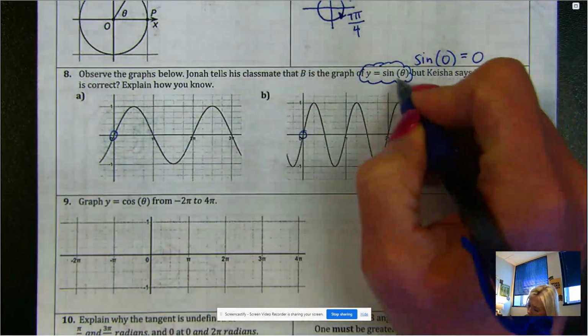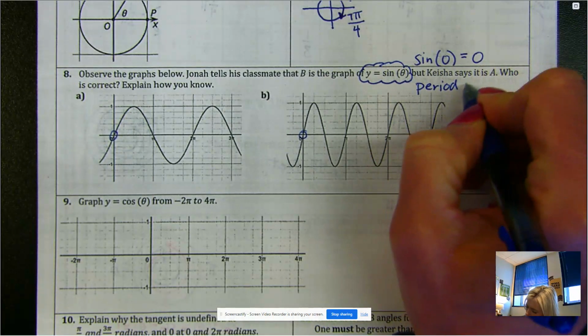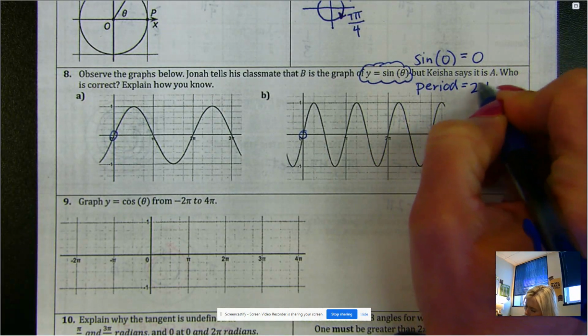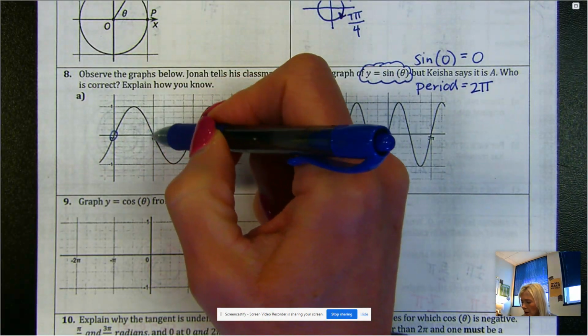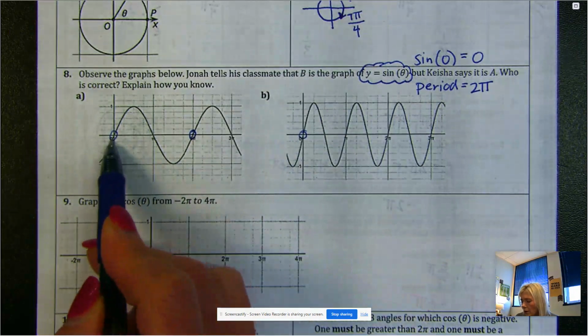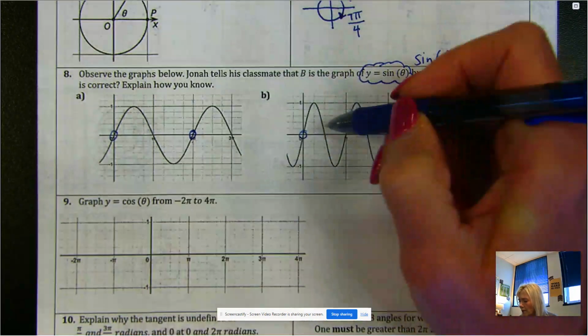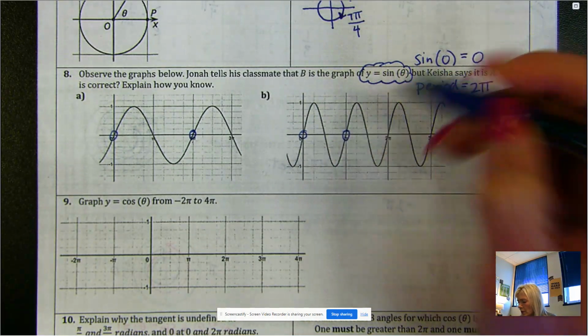But then I also know about the sine of theta that the period is equal to 2 pi. So when I look at all of the positive values, all of the negative values, this one goes from 0 to 2 pi, whereas this one cycle goes from 0 to pi.